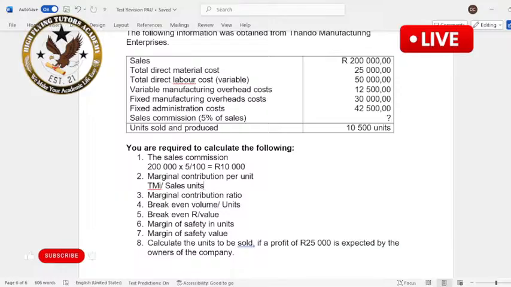So marginal contribution ratio. What is the marginal income ratio? Those who know, before I tell you, marginal contribution ratio.